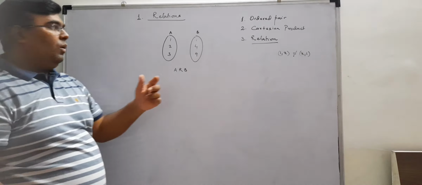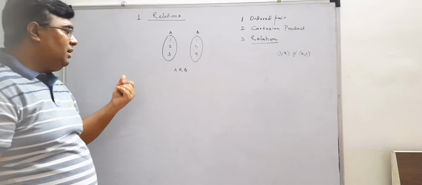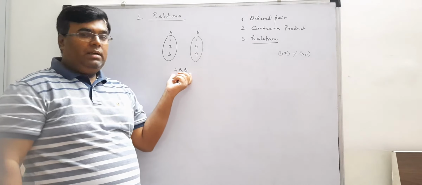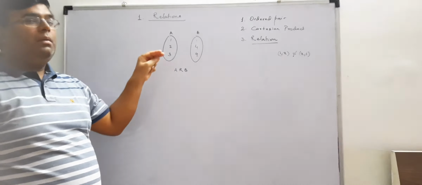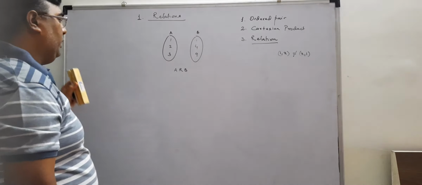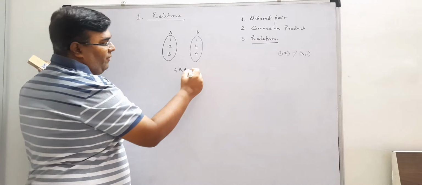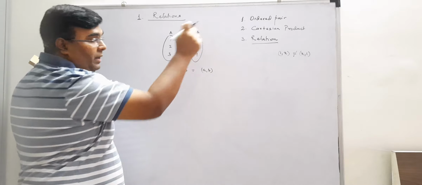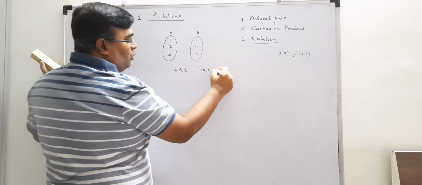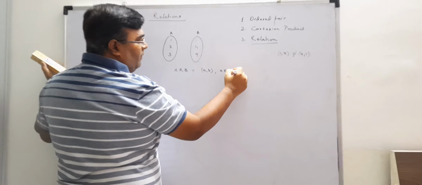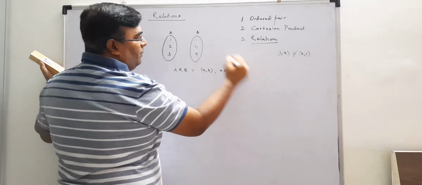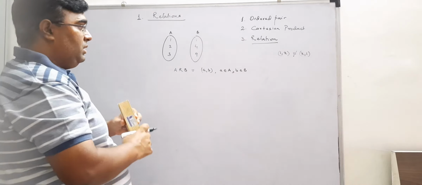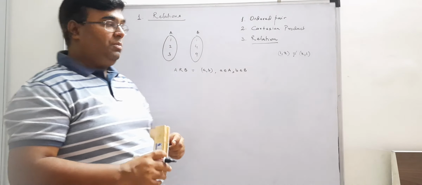We write relations in this manner: A and B are related, so we write ARB. ARB is defined as the ordered pair (a, b) where a belongs to A and b belongs to B. This is till my Cartesian product.